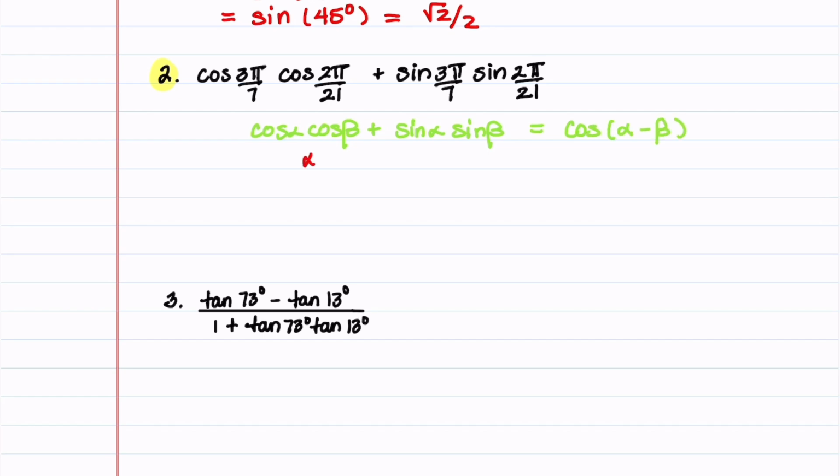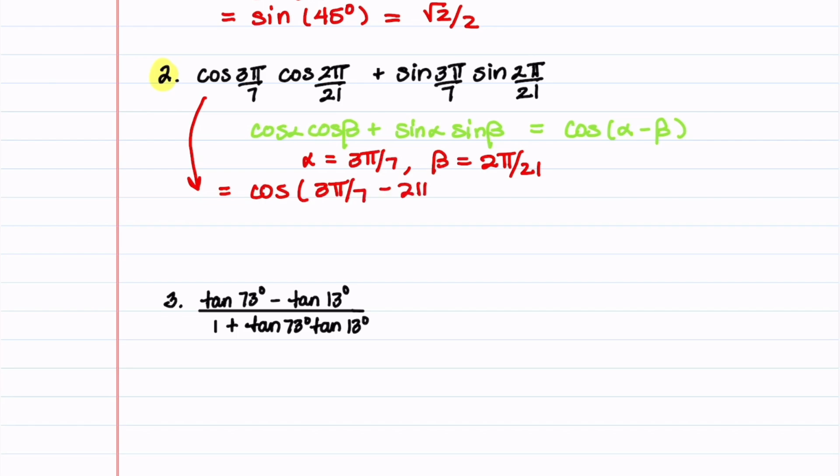Let's make a note that alpha is 3 pi over 7 and beta is 2 pi over 21. Our expression now becomes cosine alpha, which is 3 pi over 7, minus beta, which is 2 pi over 21.